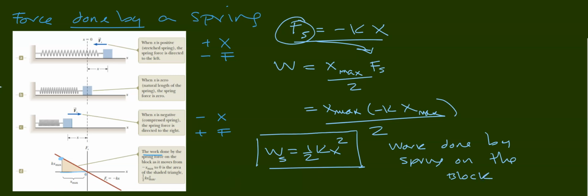Okay. Now, how do we find if the work is positive or negative? Well, there is a very simple way to find this. If you have the block and this is the spring, let's say the spring is compressed, and then the spring pushes the block to the right.